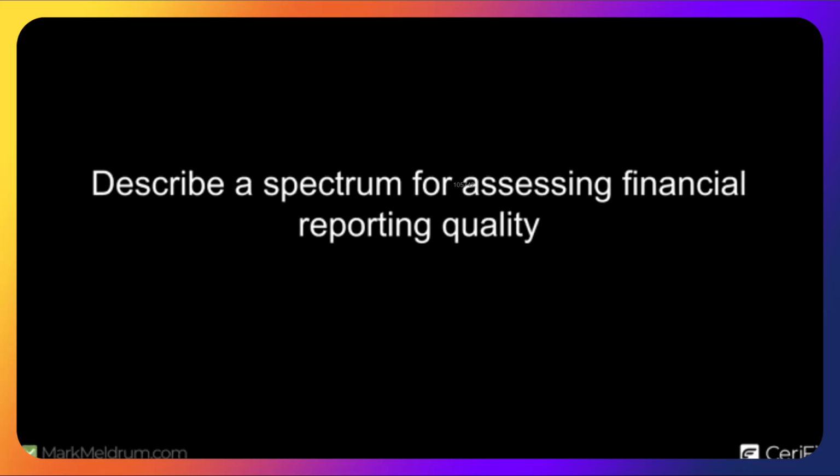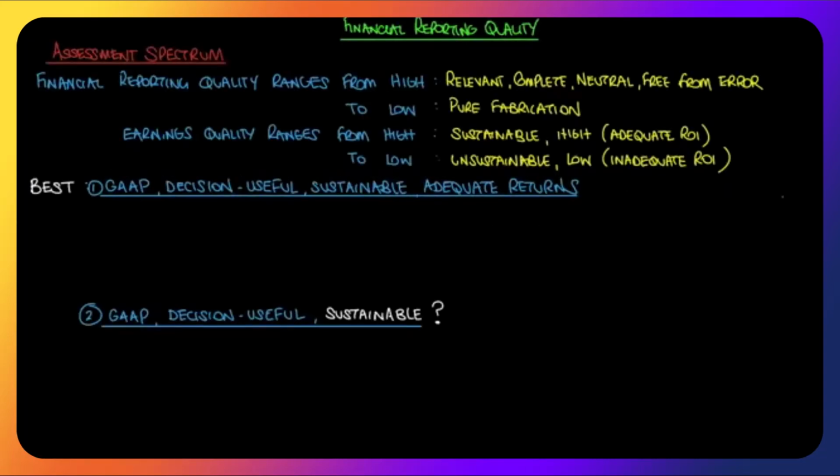The second LOS will ask us to describe a spectrum for assessing financial reporting quality. It should really say, as an LOS, the spectrum, because we don't get to just invent a spectrum and talk about it, we have to talk about theirs. So that's exactly what we'll do. The assessment spectrum. Just a quick reminder, we have two things to talk about here: financial reporting quality and earnings quality.